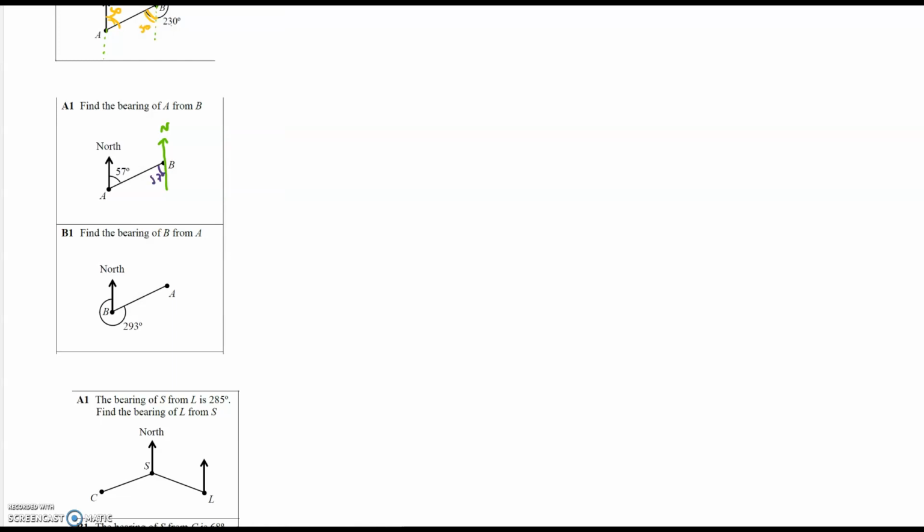That's also there, and I've got 180 here. Now I know that 180 plus 57 is 237. So my solution for A1 is 237 degrees north, the bearing of A from B. That's that whole angle there.